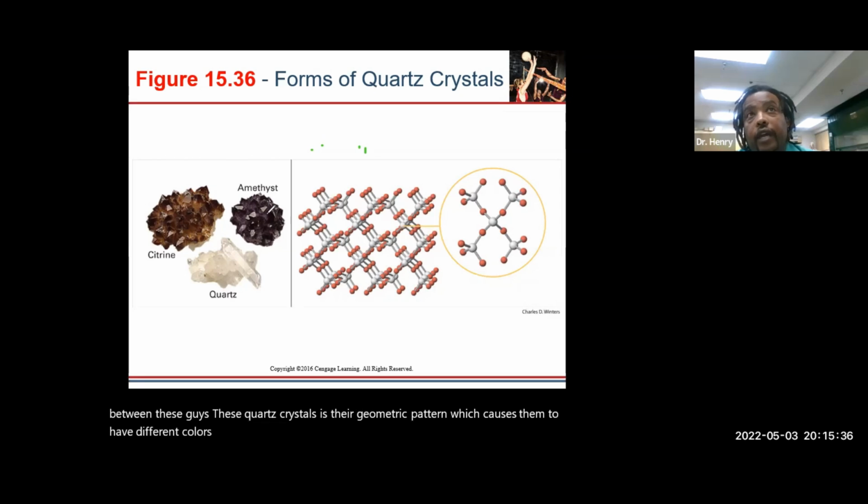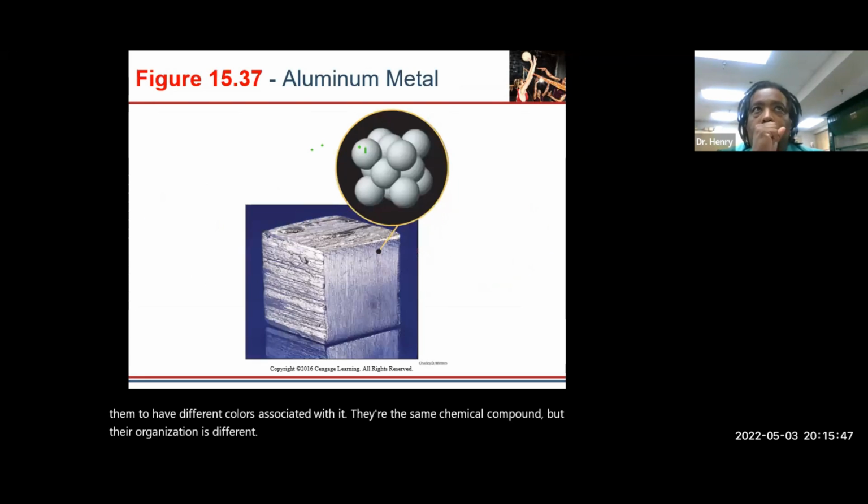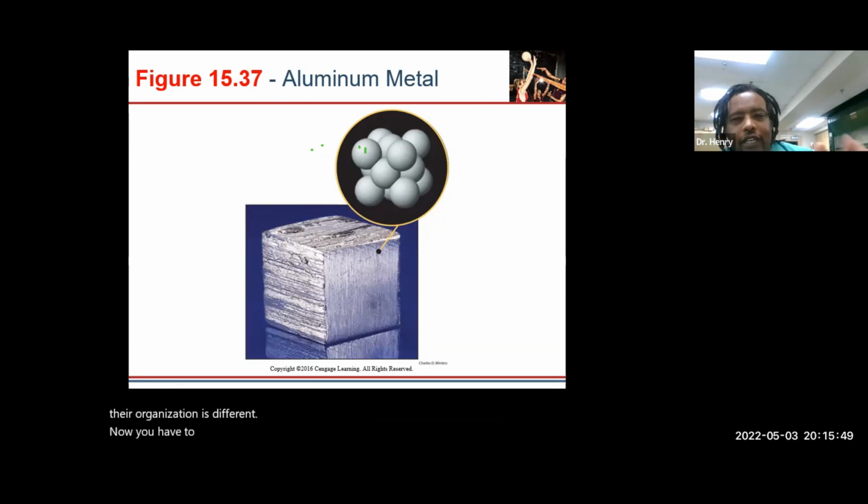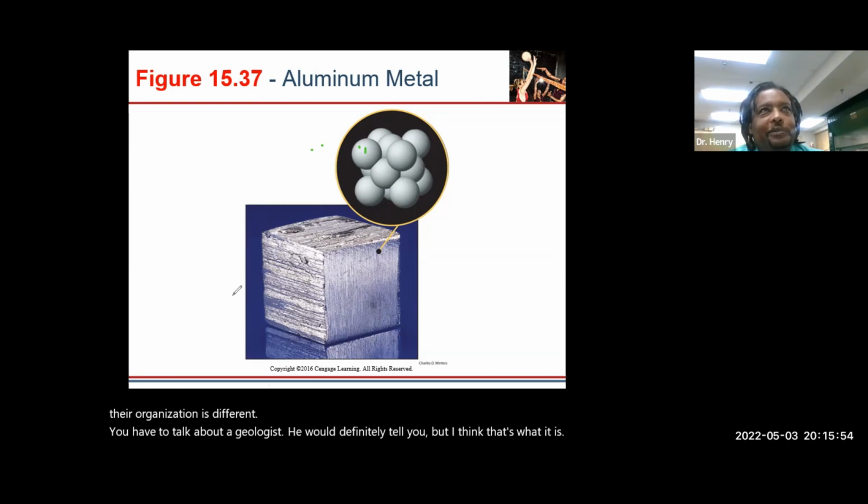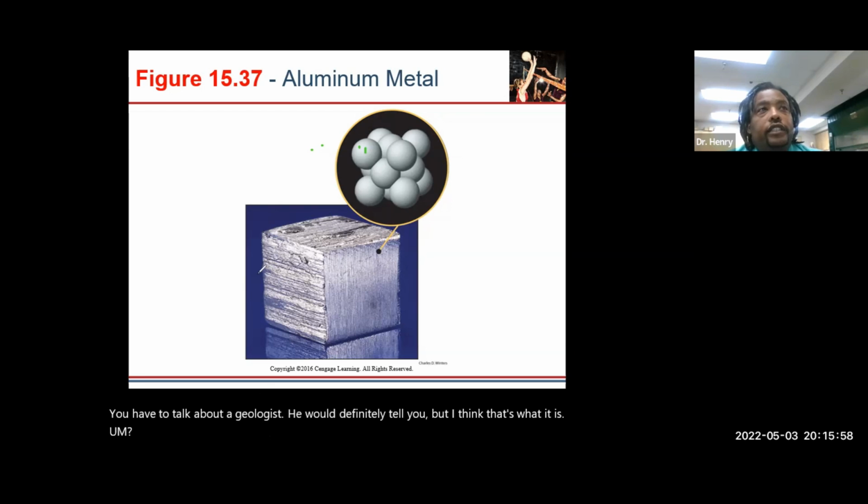They're the same chemical compound, but their organization is different. You'd have to talk to a geologist, he'll definitely tell you, but I think that's what it is. So this here is aluminum metal, which is just a metal crystal.